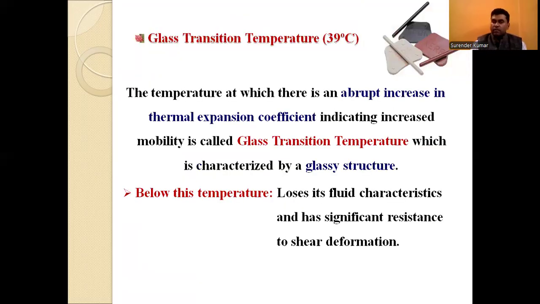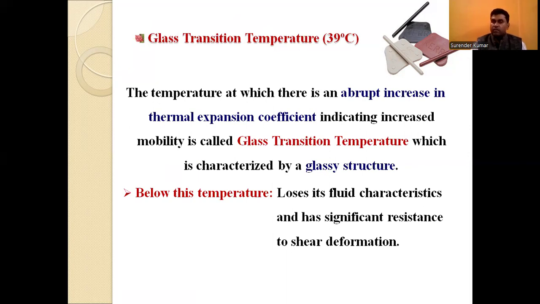Glass transition temperature is 39 degrees. It is the temperature at which there is an abrupt increase in thermal expansion coefficient, indicating increased mobility, and it is called the glass transition temperature, which is characterized by a glassy structure.